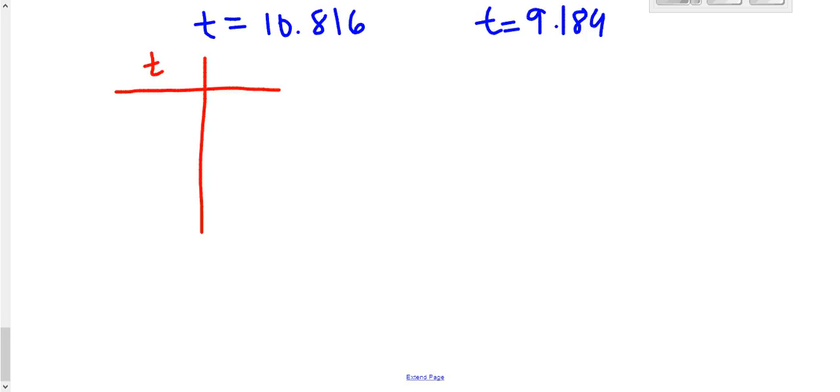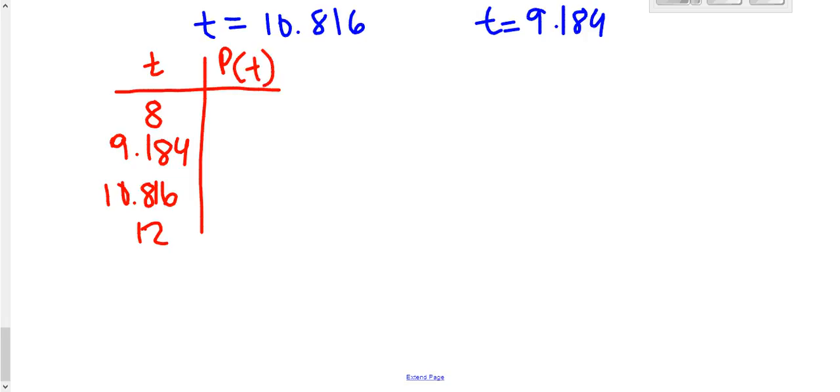And t starts at 8. 9.184 is next. Then 10.816 is next. And then 12 comes in at the end. And so processed, P of t. When is the rate the highest?